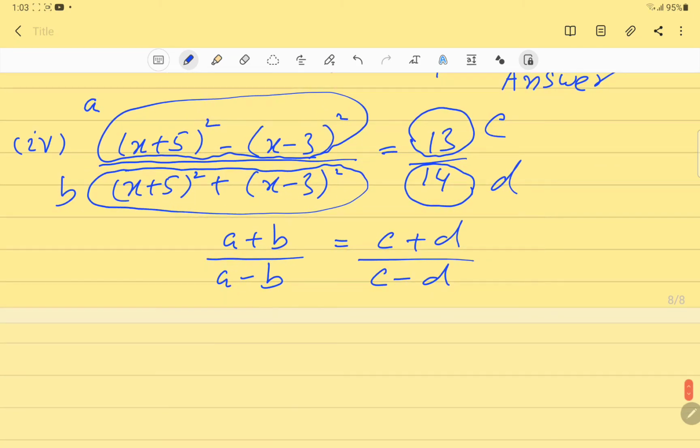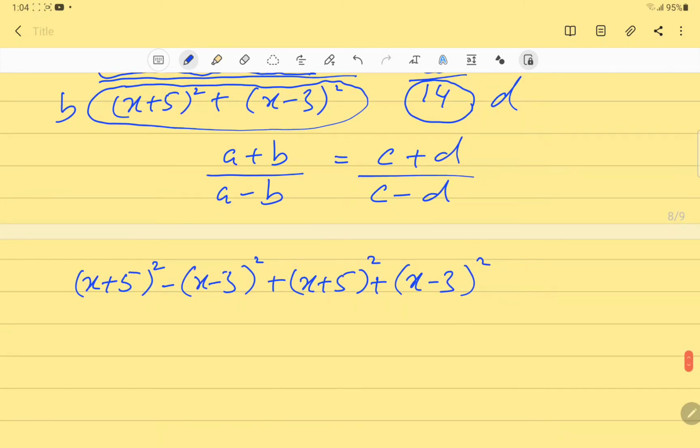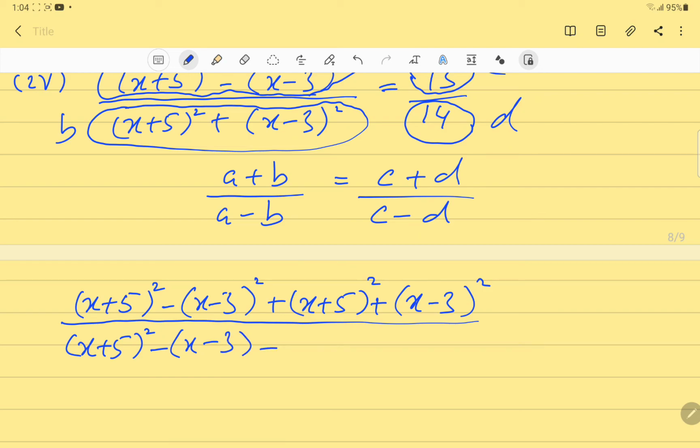Okay, we will substitute values from the top. A is (x plus 5) squared minus (x minus 3) squared, and B is (x plus 5) squared plus (x minus 3) squared over, again we will write A, which is (x plus 5) squared minus (x minus 3) squared, minus, in the bracket, (x plus 5) squared plus (x minus 3) squared.